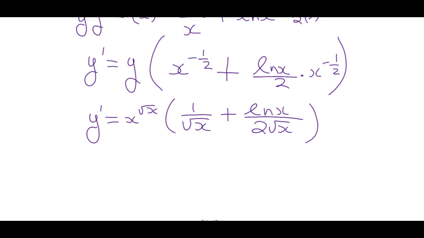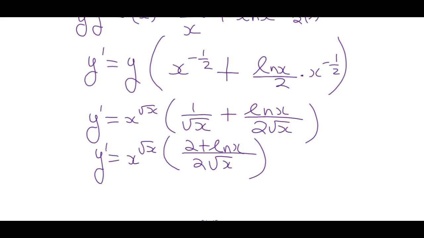Okay, so I can get a pretty nice common denominator here, which is 2 root x. So let's do that. This will be 2 over 2 root x. So we'll get 2 plus ln x over 2 root x. Right? And let's just say we leave it like that.